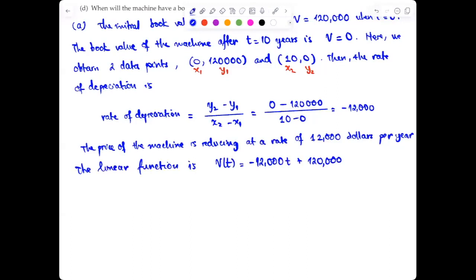So that's the linear function that you can use to fit this data set. Any questions? We good? Okay. Now part B.